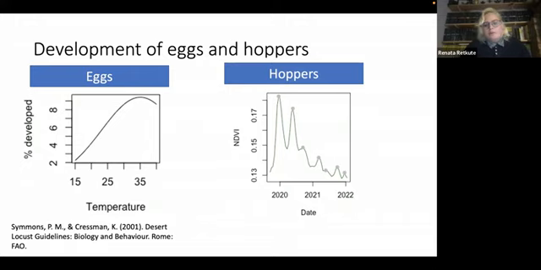To determine if there's enough food, I look at the smoothed NDVI values and check if there is some peak, which means that vegetation peaked during their development, or at least a nice increase in NDVI, because an increase means fresh vegetation is occurring, and locusts really like fresh vegetation.